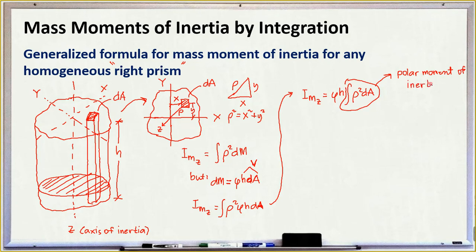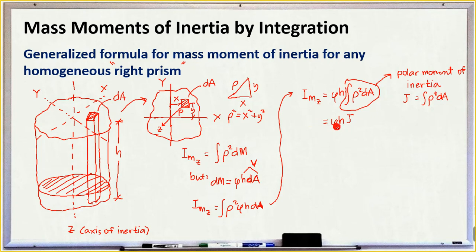This is the polar moment of inertia. In our previous discussion, the polar moment of inertia J is represented by the integral of rho squared dA. Therefore, the result would be the density times the height times the polar moment of inertia of the right prism, J.